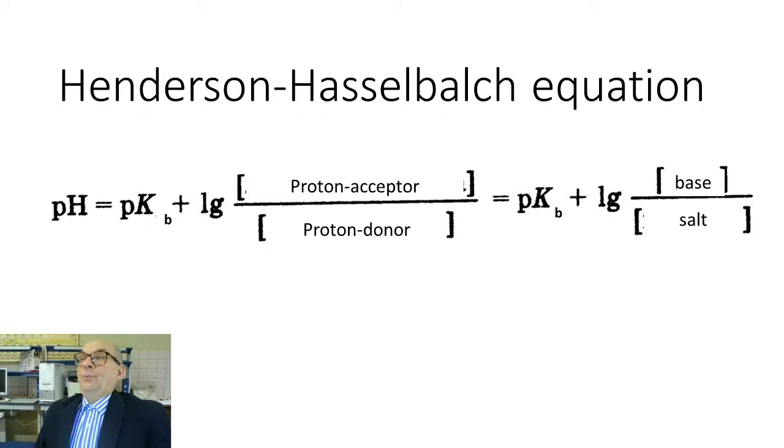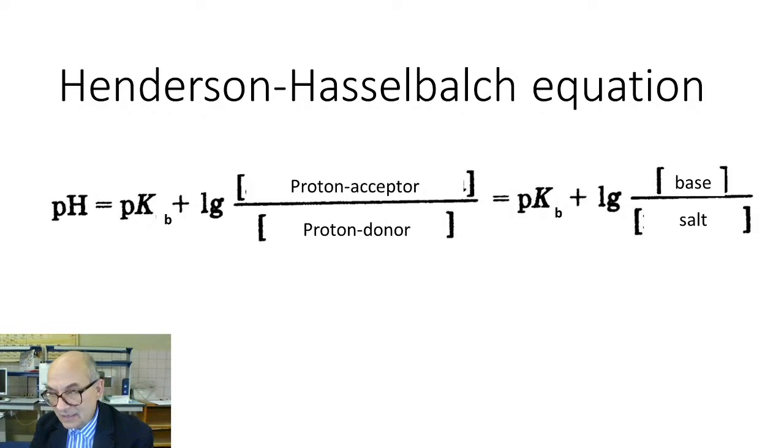So, put it another way. What are the different variants of the buffer? Looking at the Henderson-Hasselbalch equation, we can say that the first difference will be the difference between components, one-to-one, or excess of acid, excess of base, excess of salt, anything else.